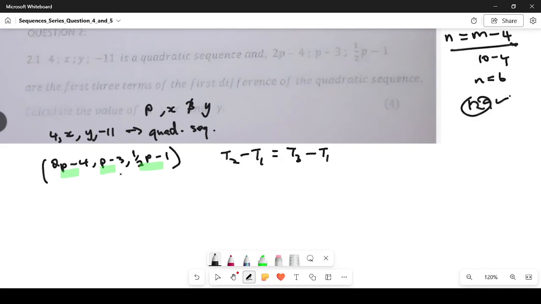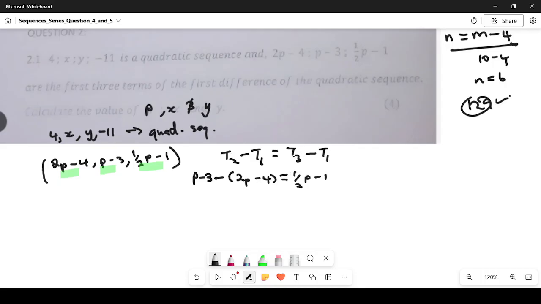And so what is my term 2? That is p minus 3. I will therefore substitute p minus 3 minus term number 1, which is 2p minus 4. And this is equal to our term number 3, which is half p minus 1 minus, okay, I made a mistake.